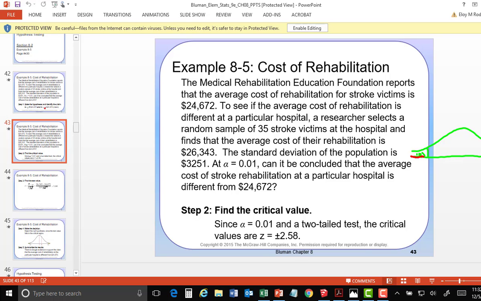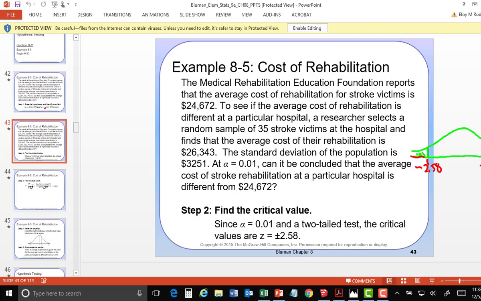In this area is going to be reject and accept. If you have to find your critical value, I figure you know how to do that by now, and you look up as close as you can to it, you're going to get minus 2.58 for this critical value, which means this is 2.58 for this critical value. And now we simply see where our test statistic is going to land.